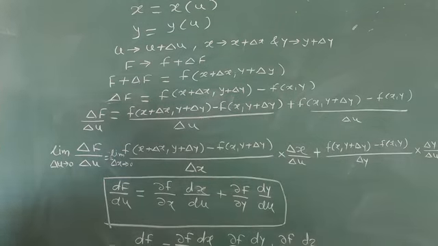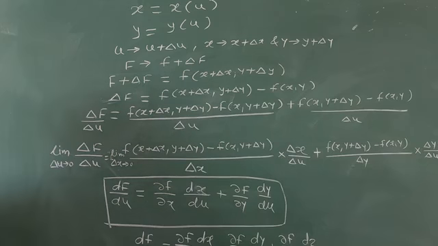In this way, we extend only another term. We can find the particular change in the function with respect to u. Such a concept is known as the chain rule in partial differentiation.